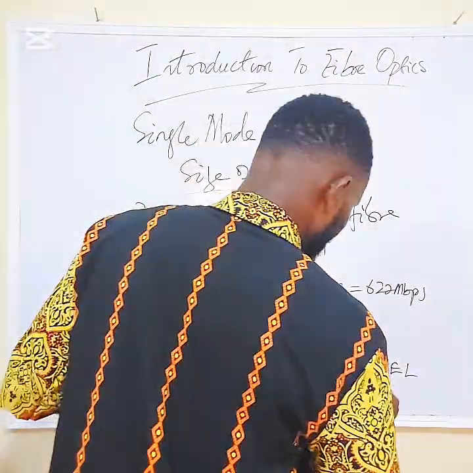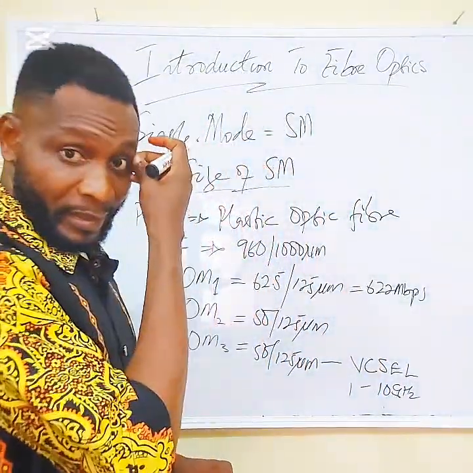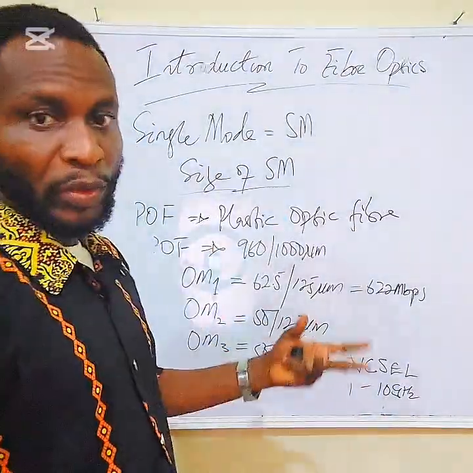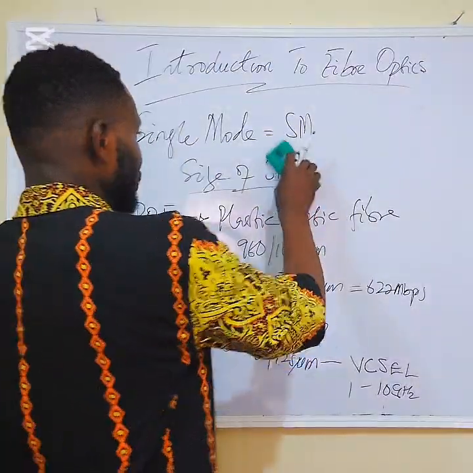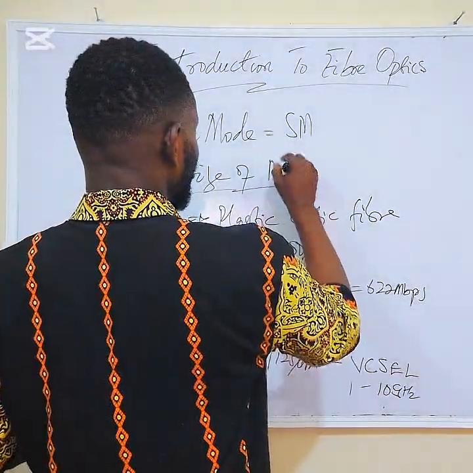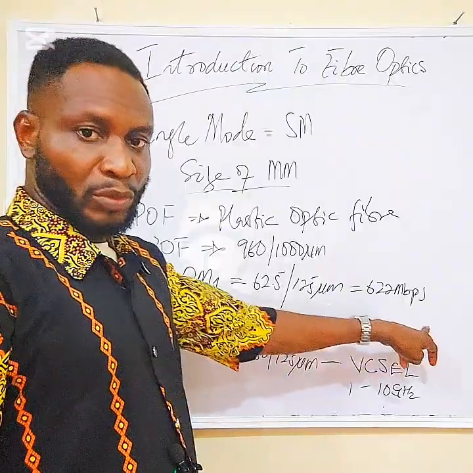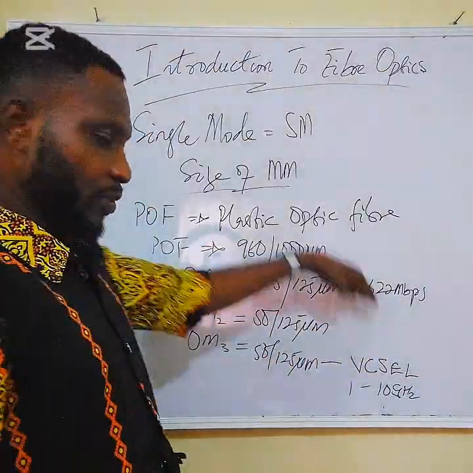This can do up to 1 to 10 gigahertz in capacity. But in no way can you compare this to single mode, because single mode goes very, very far. So actually this is the size for multi-mode we're talking about. You understand? This can also do up to 1 gig. But that is for this.